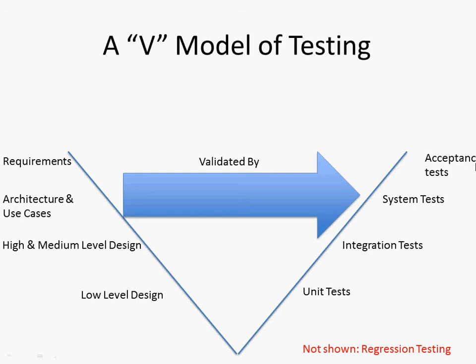And integration tests fall kind of between the two, testing how different components work together. So how do two classes cooperate to achieve a task? How do two pieces of the system work together? So integration tests can be defined actually at several different levels, at the class level, the method level.